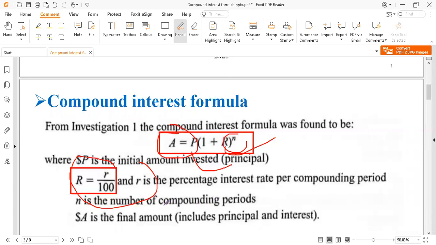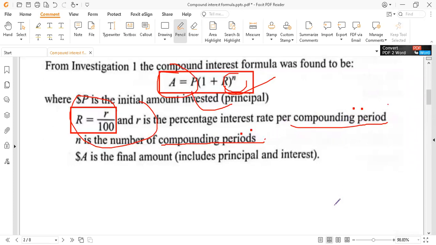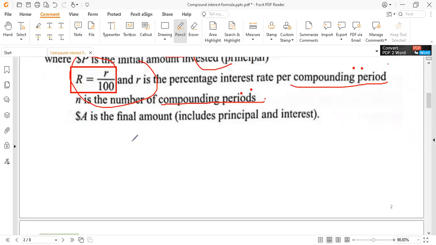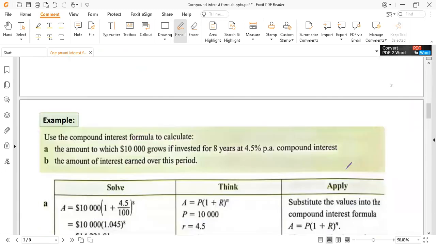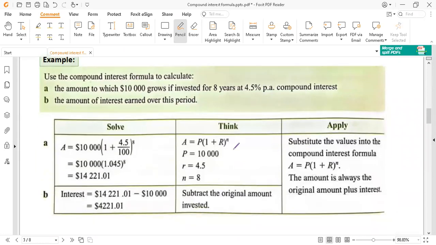We should be aware of using the same unit of time for the compounding period: year, month, quarter of a year, and so on. I will give you some hints in the next slides.